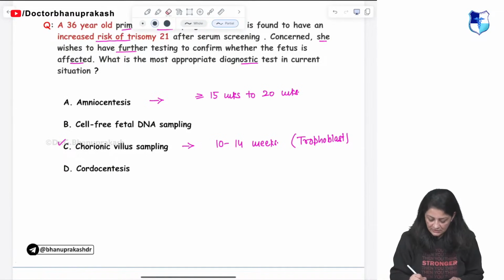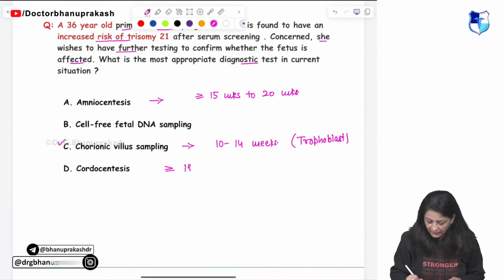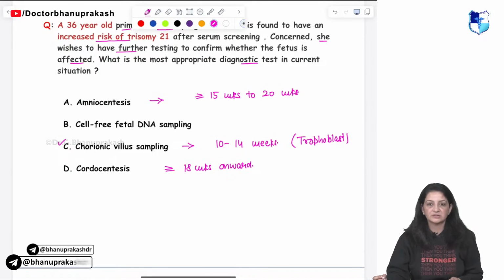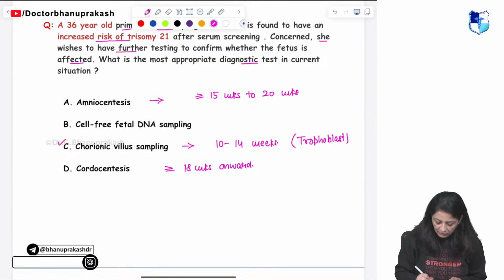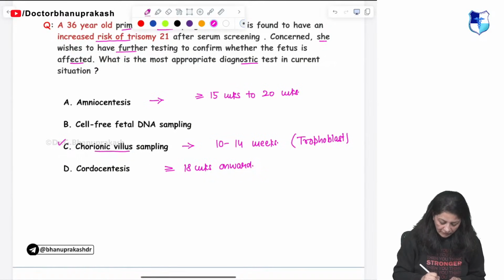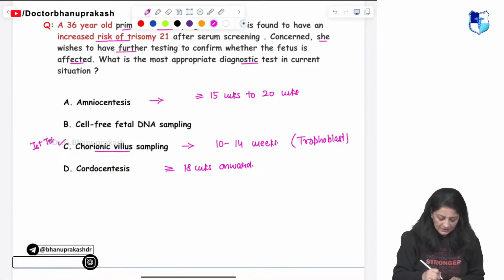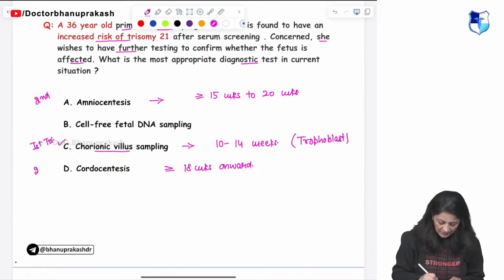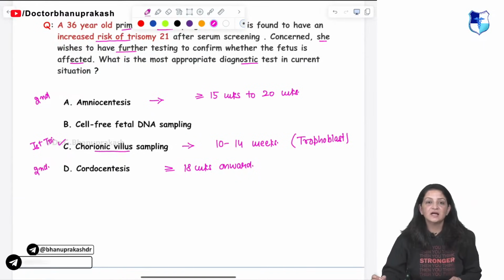And cordocentesis after 18 weeks onward, in the second trimester. So chorionic villi sampling in the first trimester, amniocentesis and cordocentesis in the second trimester. These are the diagnostic tests for Down syndrome.